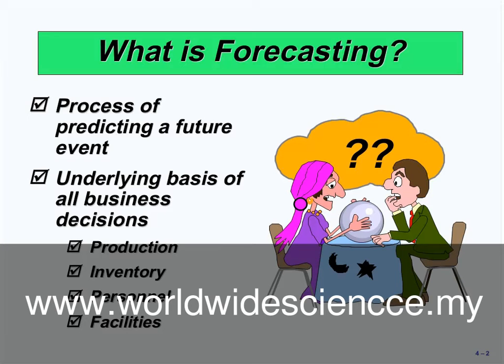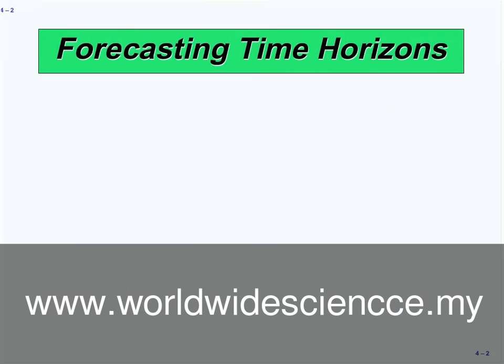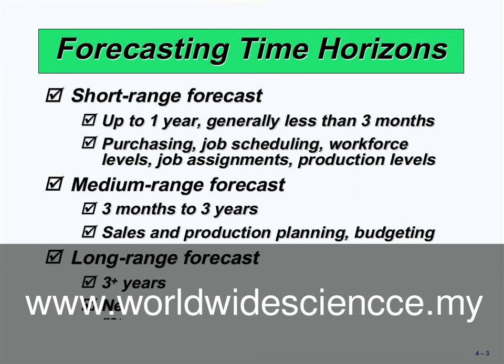For example, the activities that can be done for short-range forecast include purchasing, job scheduling, workforce level, job assignments, and production level. Operation managers can forecast these for up to 3 months later.